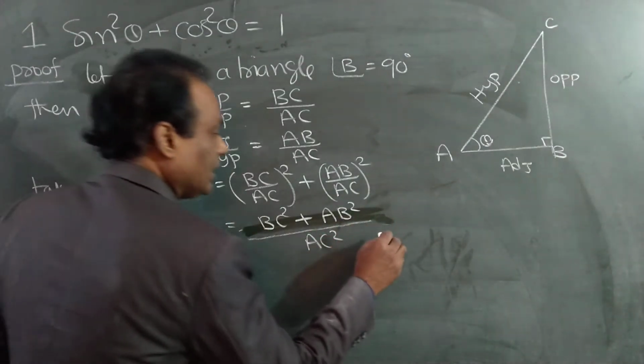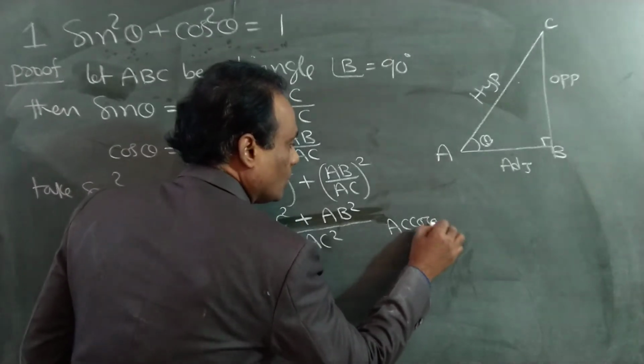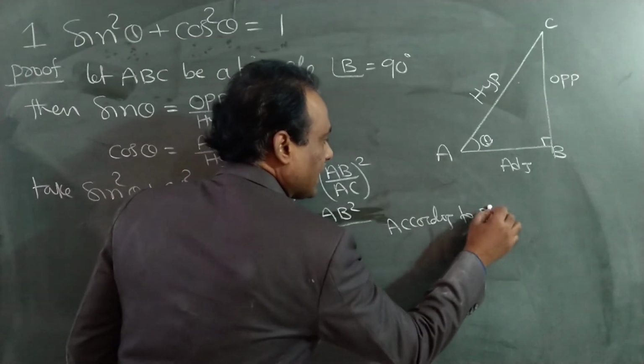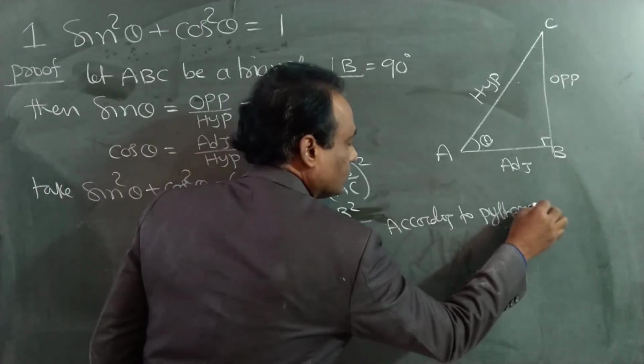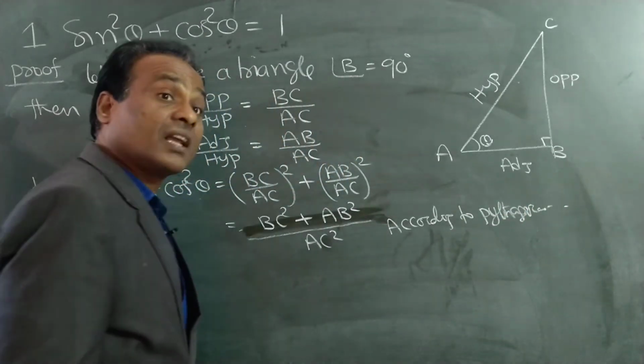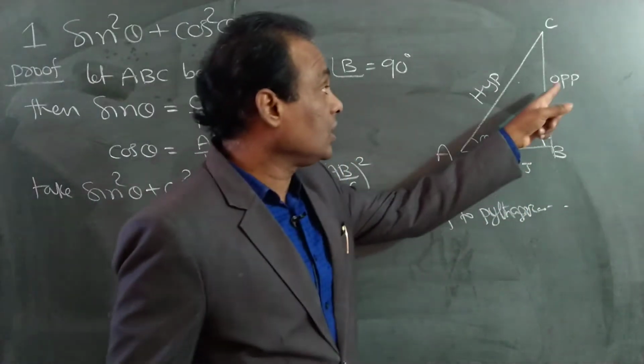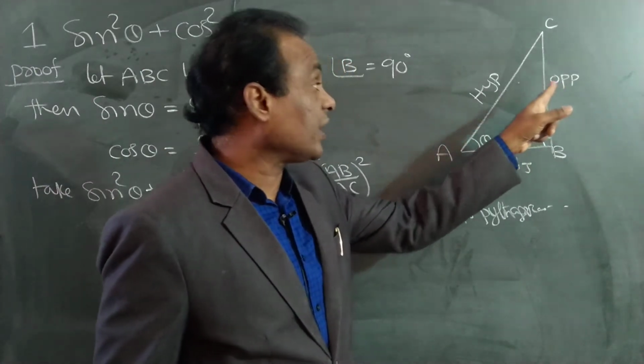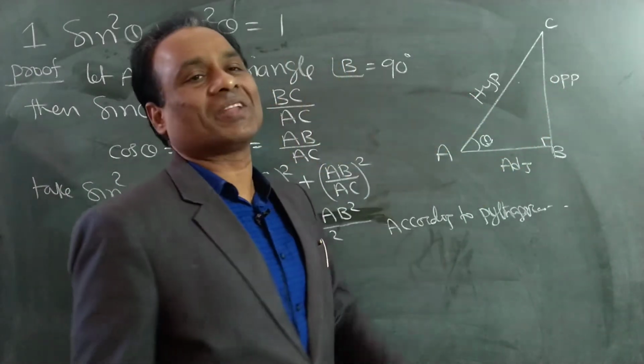Now, according to the Pythagoras Theorem. What is the Pythagoras Theorem? Opposite side square plus adjacent side square is equal to hypotenuse square.